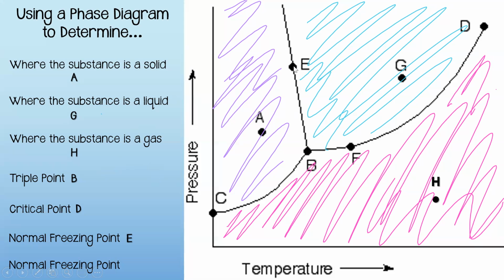Freezing point is represented by E. That would usually give you a value. And normal boiling point is F. Liquid to a gas. Sorry about that.